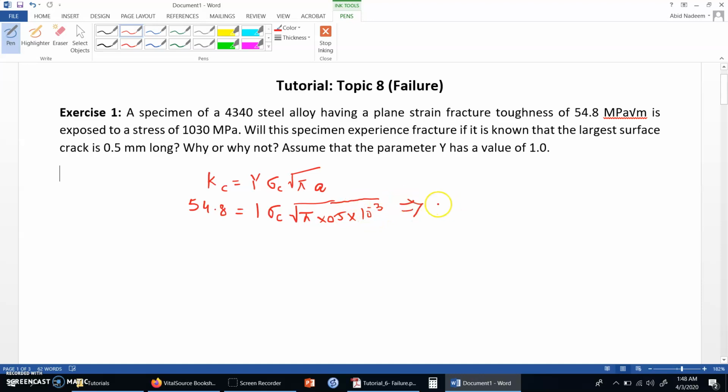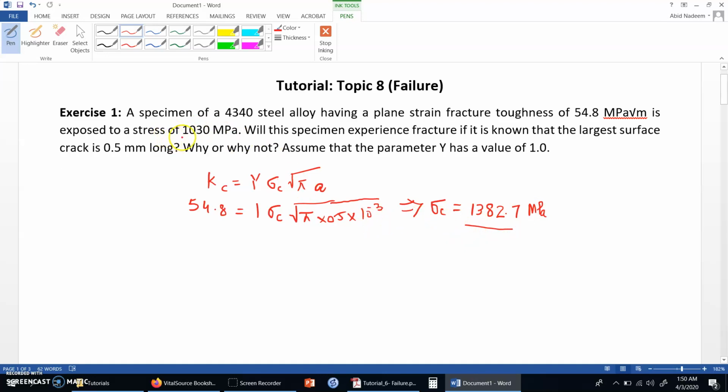If we solve this equation for the critical stress, then we find that the answer will be 1382.7 megapascal. So this is the critical stress value.